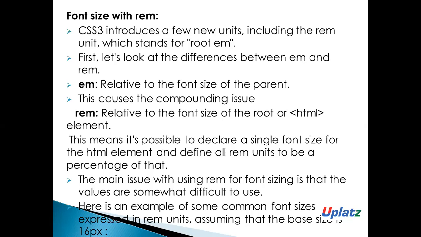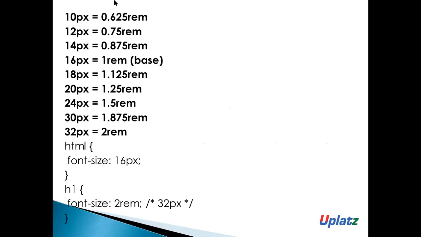So here is an example of some common font sizes expressed in REM units, assuming the base size is 16px. You can see here 10px is 0.625 REM, then 12, 14, 16, 18, 20, 24, 30, 32.